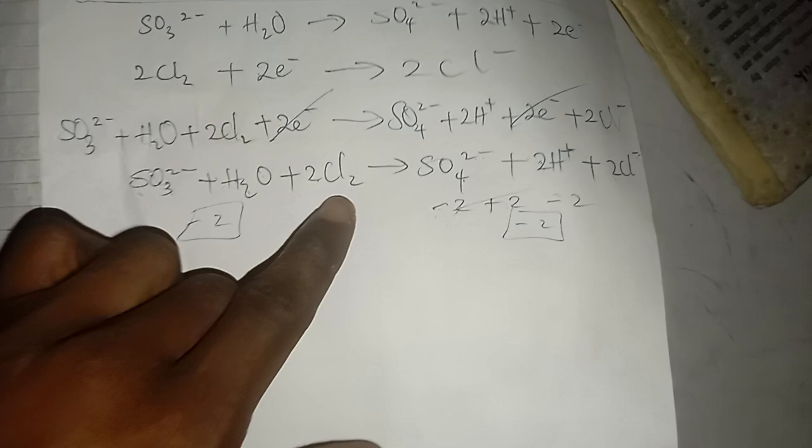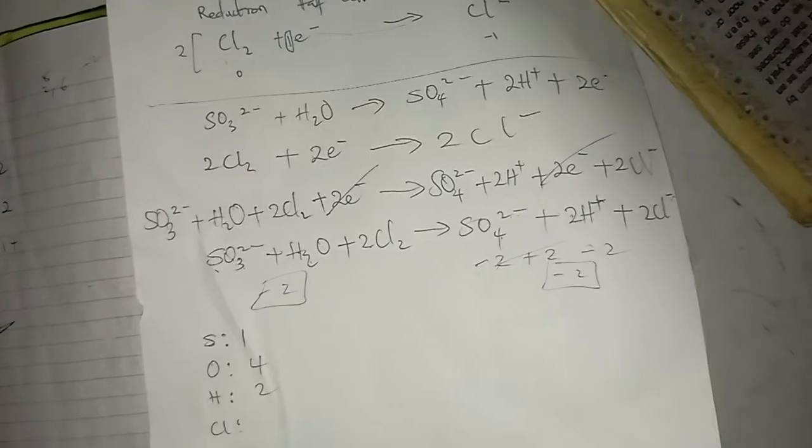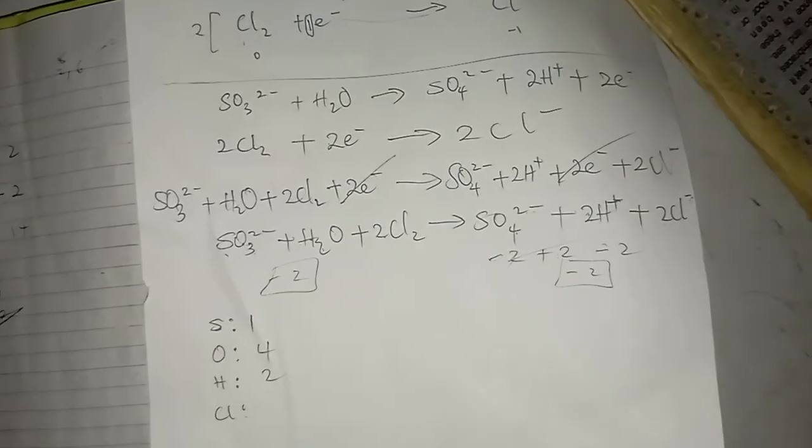So chlorine is 4 on this side, but here chlorine is 2. So chlorine is the problem.